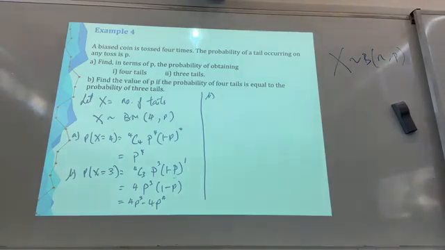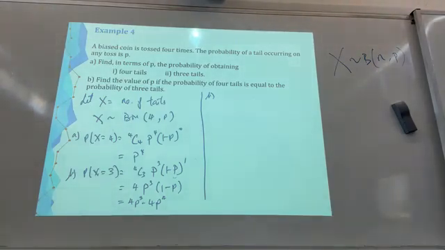Now, look at B. It's possible because we've stated that this is actually a biased coin. A biased coin, p is not half. You need to work out what p is. So here, you were told that the probability of 4 tails is equal to the probability of 3 tails.